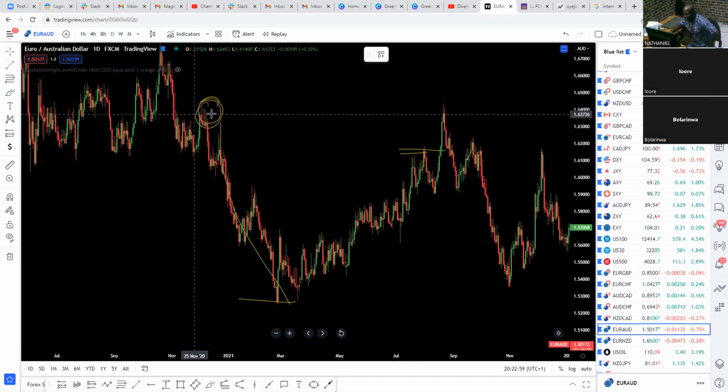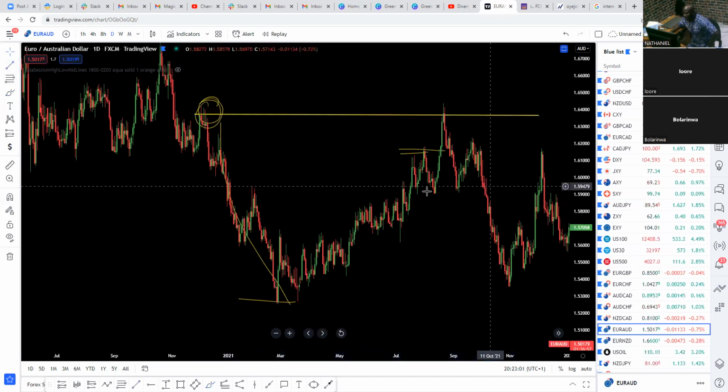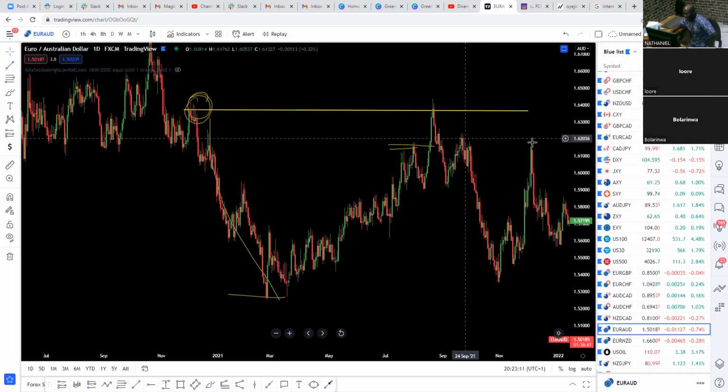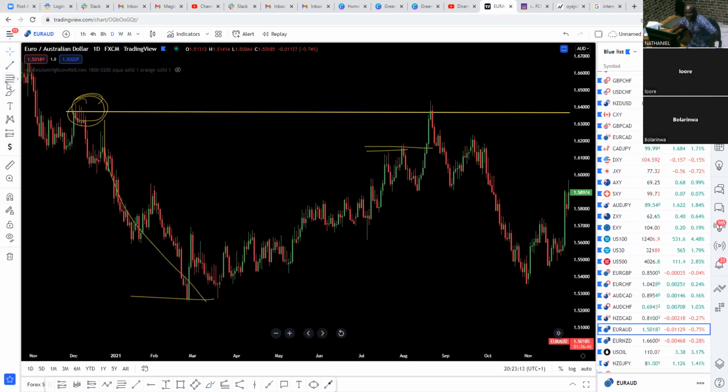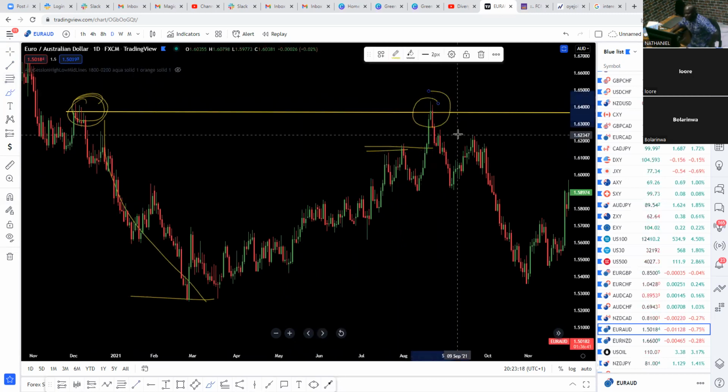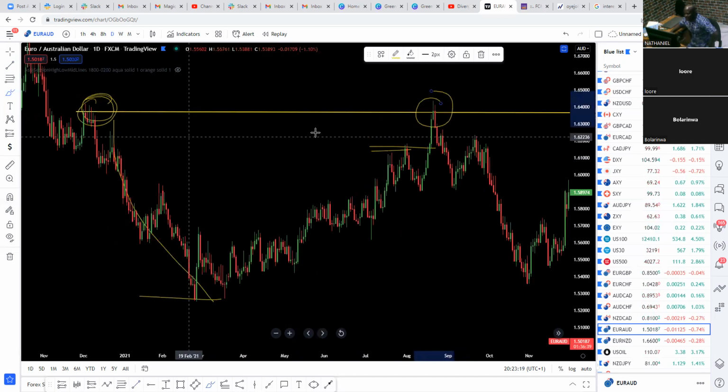It's as simple as that. Come and pick order for me here. And when I look at this level, what is the psychological level that is there? 1.6400. Can you imagine? So what I do is just to come here, place my order for sell at 1.6400, sell limit. What does the market do?